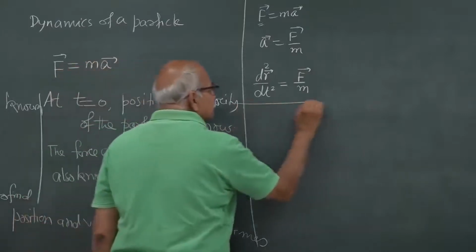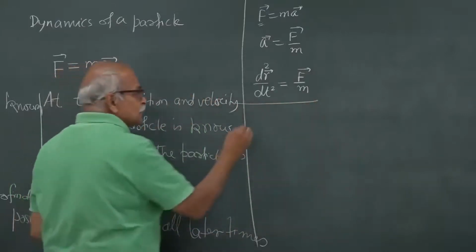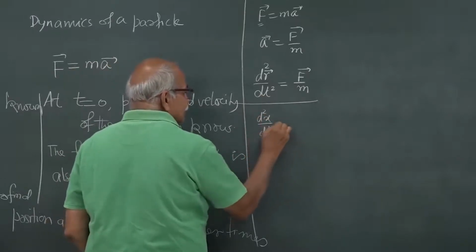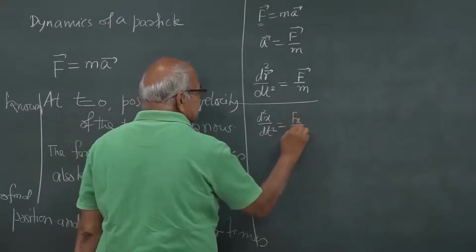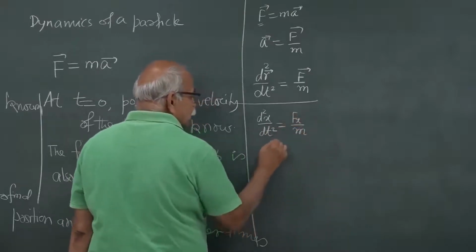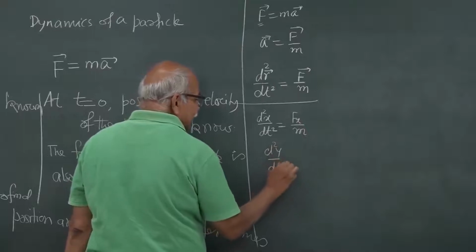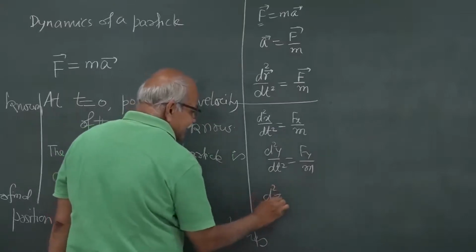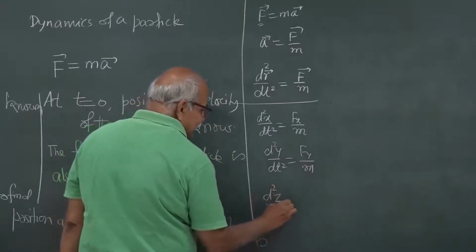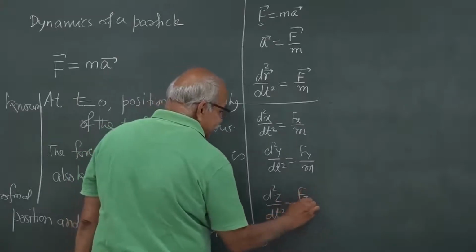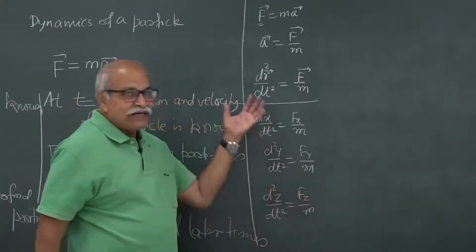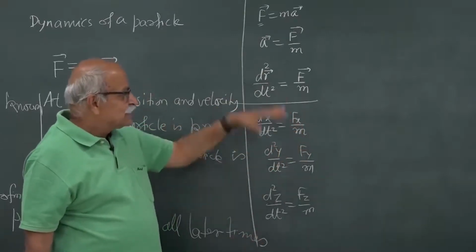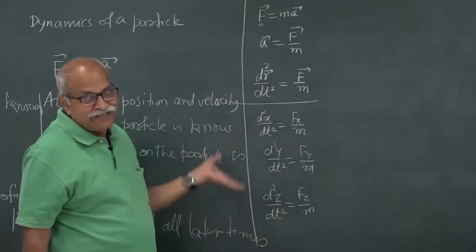If you write in Cartesian component form, you have three equations: d2x dt square is equal to Fx by m, then d2y dt square is Fy by m, and d2z dt square is equal to Fz by m. You can also use other types of coordinate system other than Cartesian, then the equations will be different, but you will have three equations.